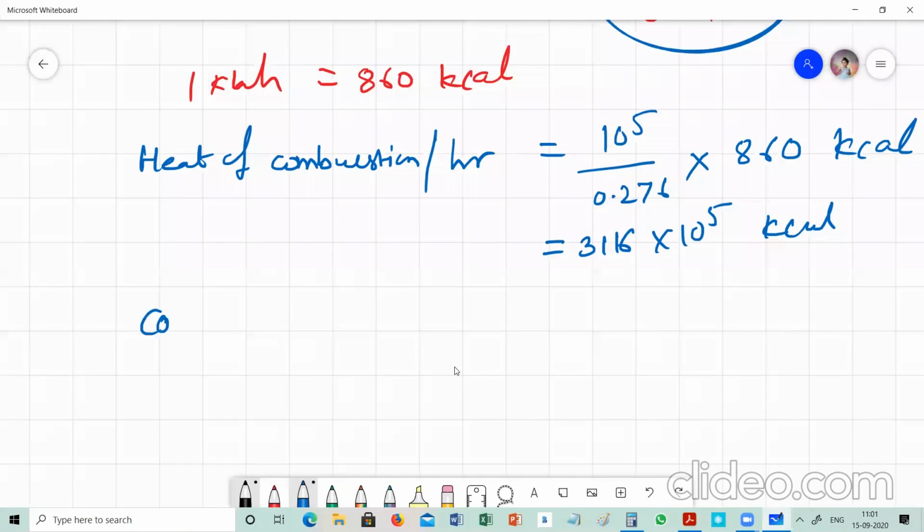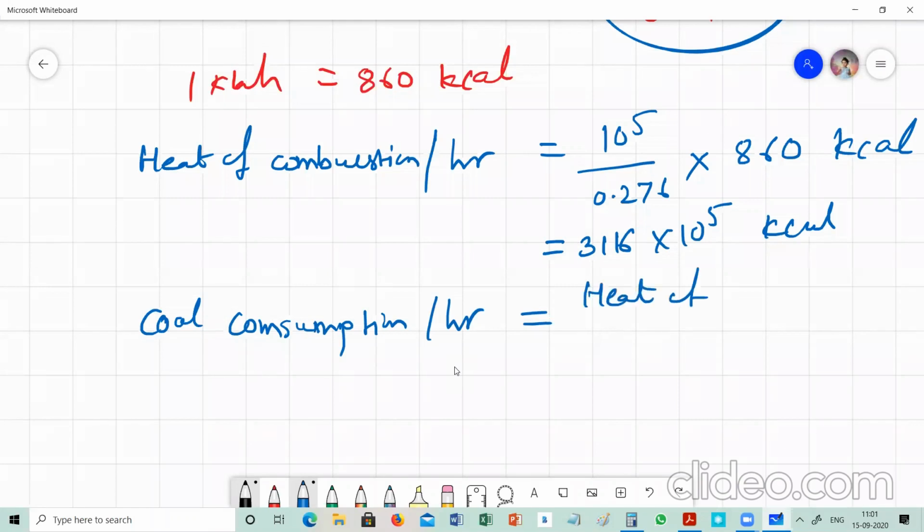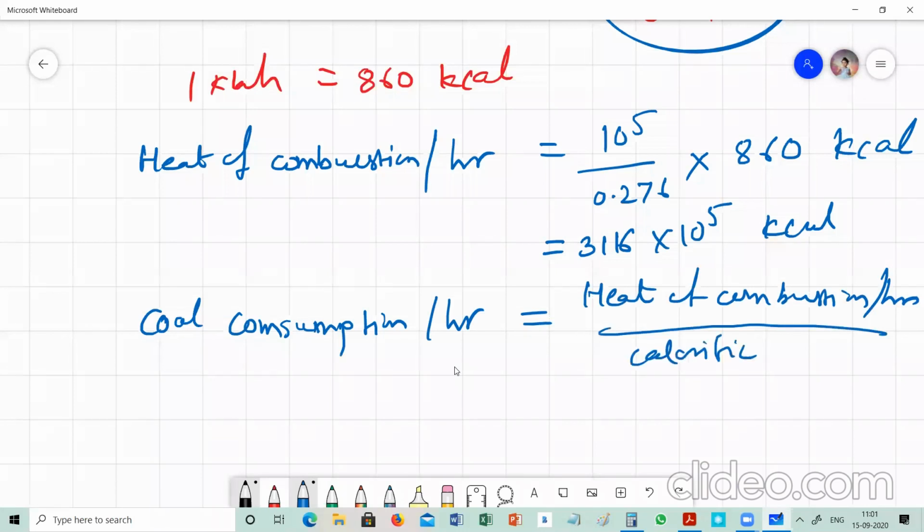They have asked coal consumption per hour, and they have given the information of calorific value. Coal consumption is nothing but heat of combustion per hour divided by its calorific value.